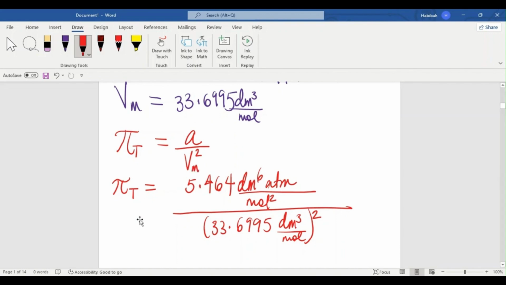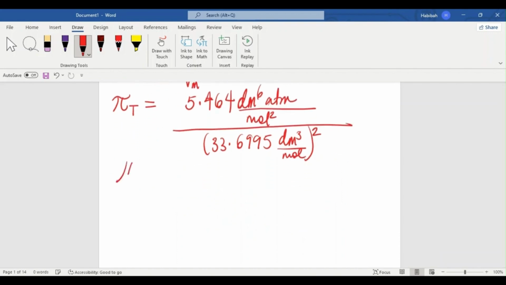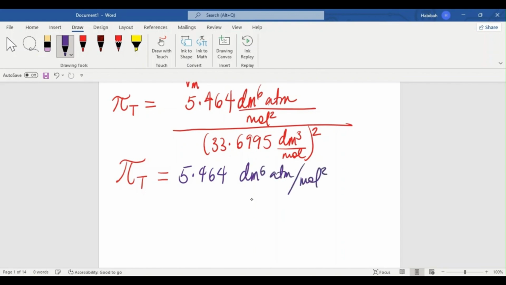So, of course, we go on to do the math. 5.464 dm6 atm divided by mole squared, divided by 33.6995 dm cubed per mole, all squared, is going to give you 1135.6563 dm6 divided by mole squared.